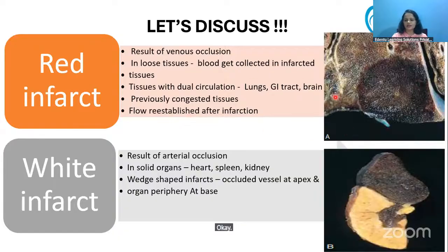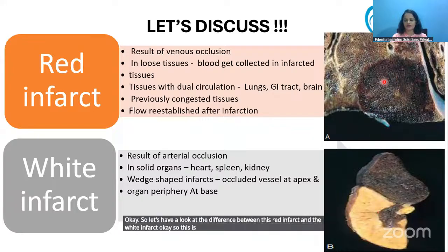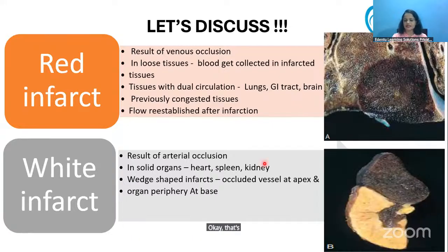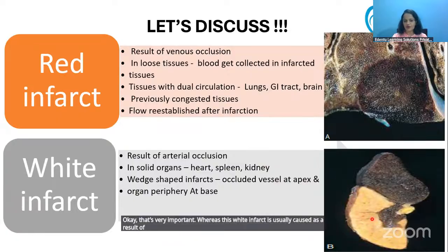So let's have a look at the difference between the red infarct and the white infarct. This is a classical picture of a red infarct, and this is a picture of a white infarct. The red infarct is usually caused as a result of venous occlusion. That's very important. Whereas the white infarct is usually caused as a result of arterial occlusion.